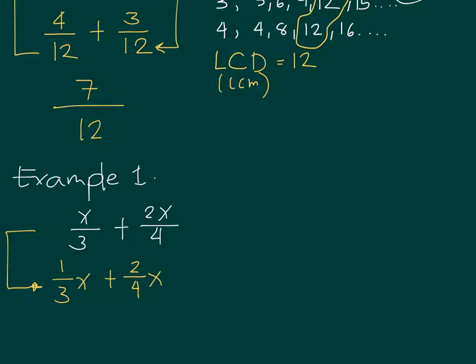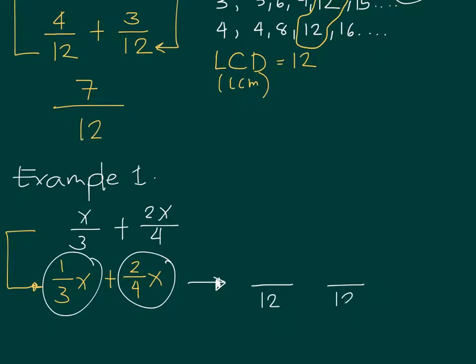So you're basically adding these two, but they don't have the same denominator, so we have to work with the LCD. And since we have seen this in the previous discussion, the LCD of 3 and 4 is 12. So I'll make the denominators 12, and that would mean 3 should be multiplied by 4, and to maintain the balance, the numerator should also be multiplied by 4.